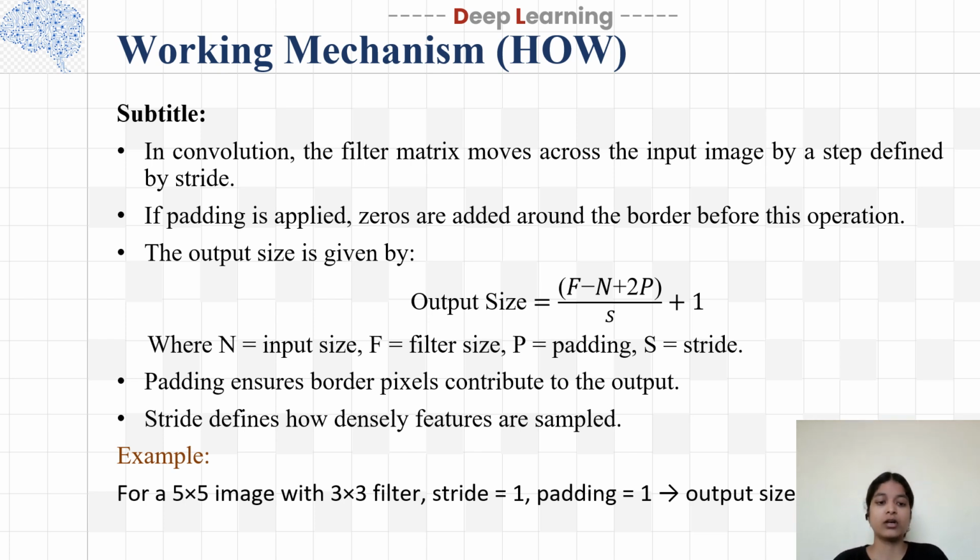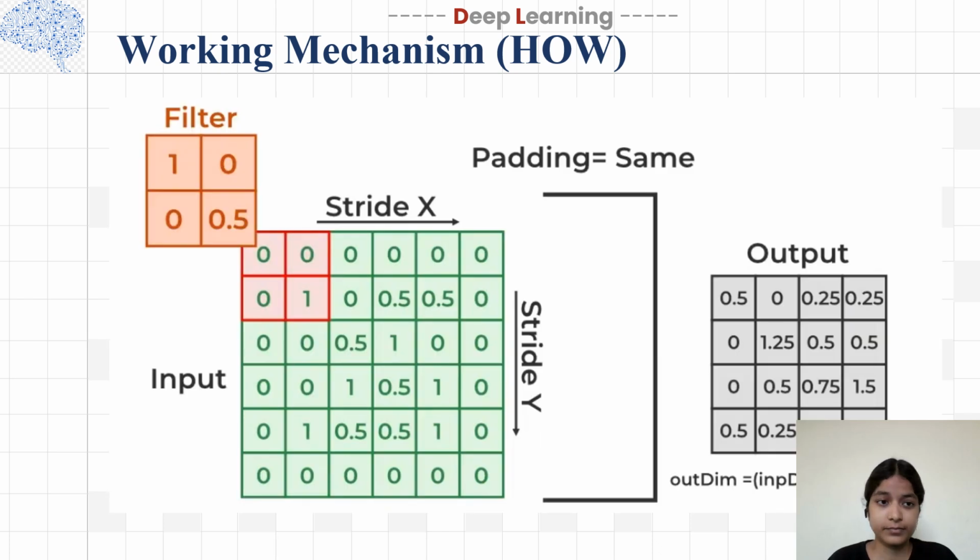For example, if we have a 5 by 5 image with a 3 by 3 filter, a stride of 1 and padding equal to 1, then we can calculate the output size using the formula (n minus f plus 2p) divided by s, plus 1. Next, here you can see the example.